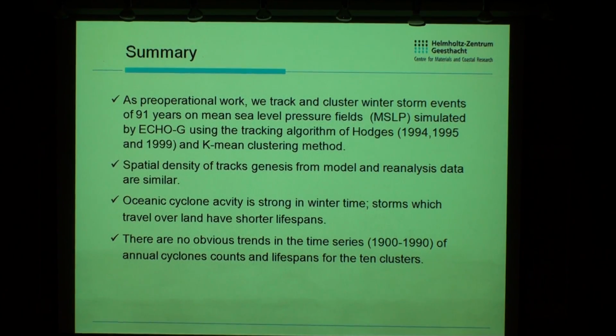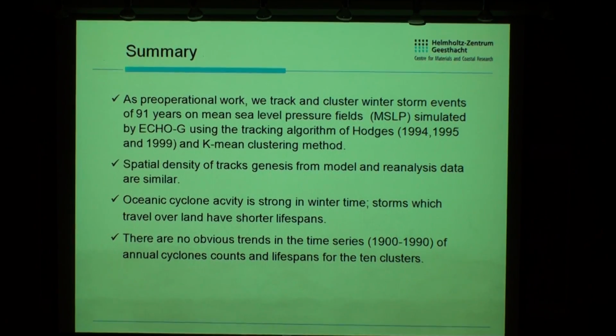Anyhow, this is just preliminary work, where we track and cluster winter storms from 1900 to 1990, using the climate simulation results and the tracking algorithm from Hodges, and the clustering method we use is K-means. The spatial density of track genesis is similar to reanalysis data.